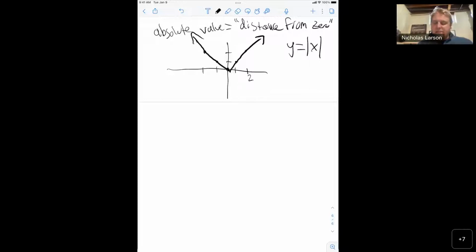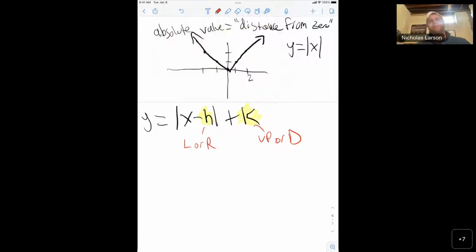Now, it's the same setup as this is our standard formula, okay? So y equals, and notice these h's and k's. This is going to determine whether we slide left or right, and this is going to determine if we slide up or down.